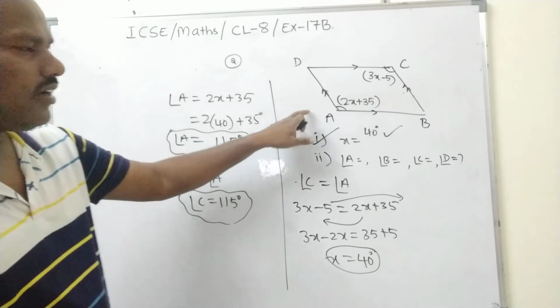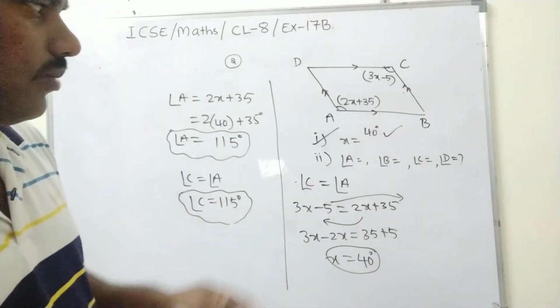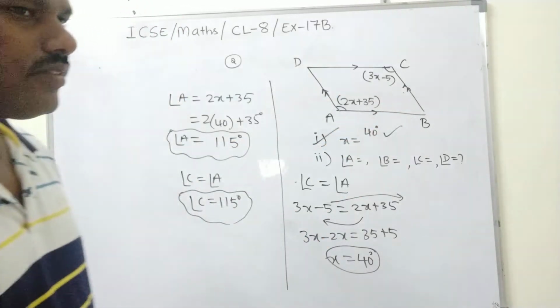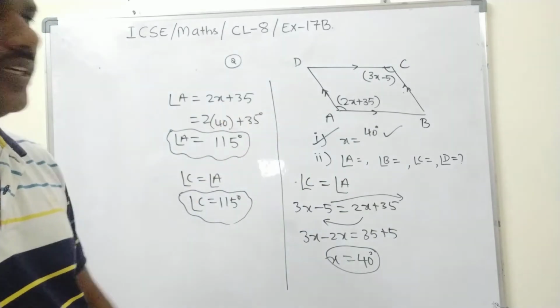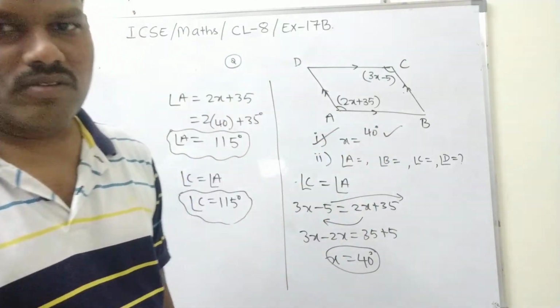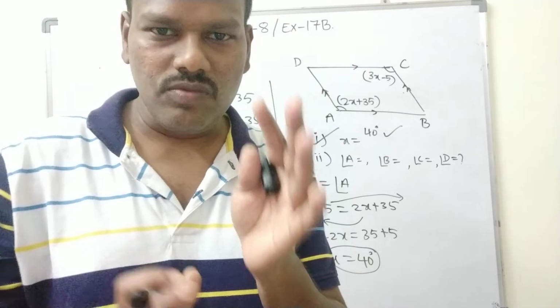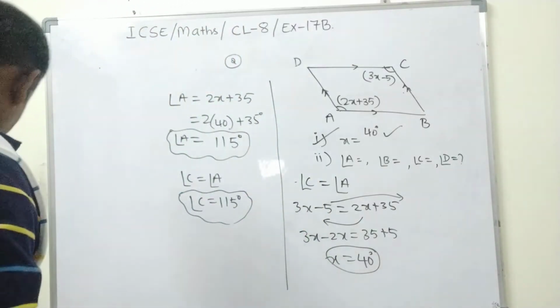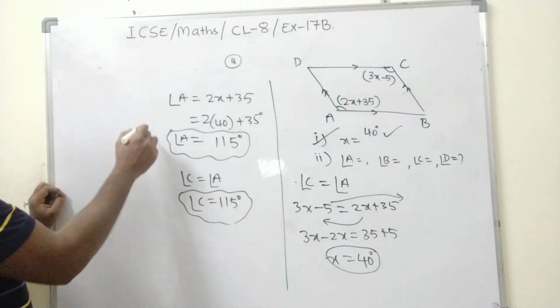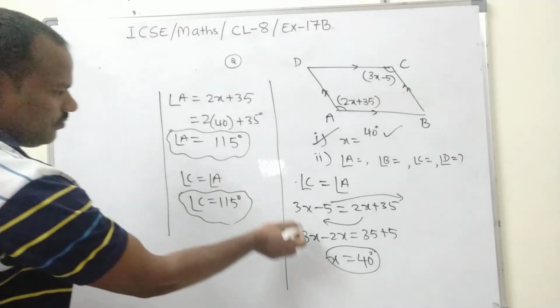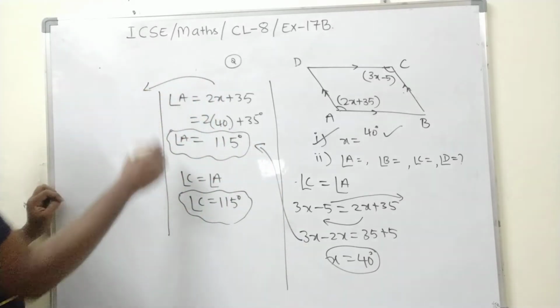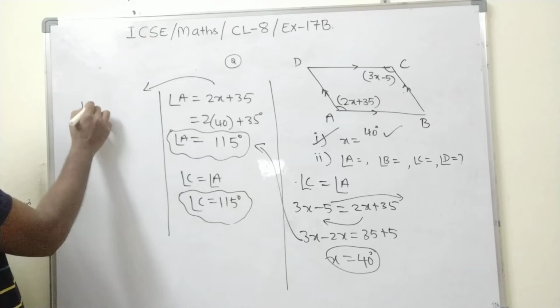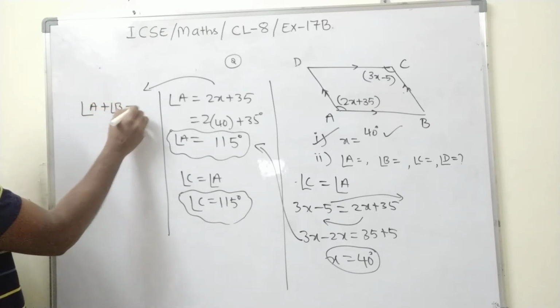So A we calculated, C we calculated. Now our job is we need to calculate B. In the previous question also we saw that adjacent angles of a parallelogram are always supplementary, means 180 degrees. So angle A plus angle B is equal to 180 degrees.